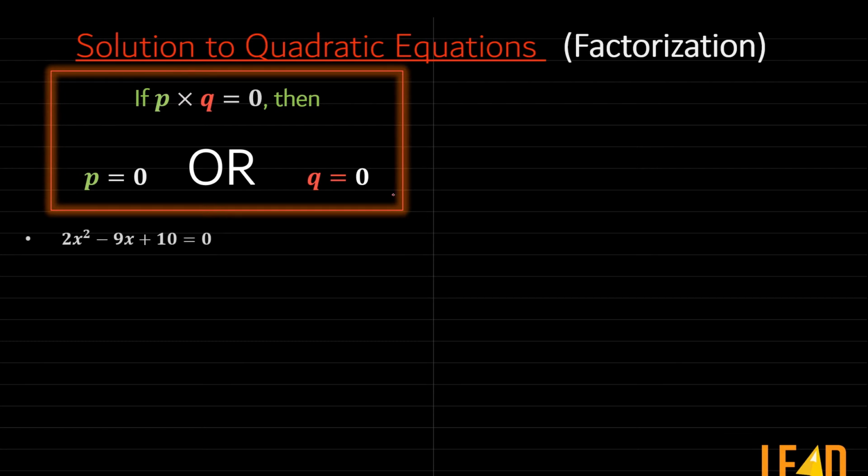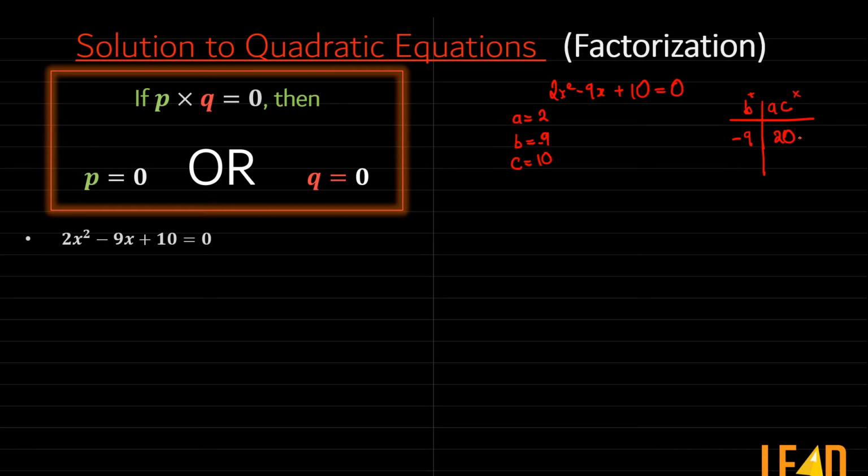All right. Our first problem here we have is 2x squared minus 9x plus 10. So let's bring out our a, b, c, right? So a is 2, b is negative 9, and then c is 10. So we'll do our BAC. So negative 9 and 20, right? So two numbers we can multiply to give us 20, but add to give us negative 9.